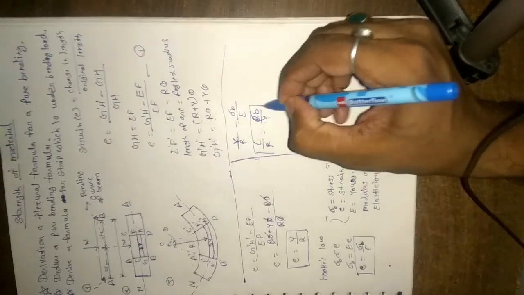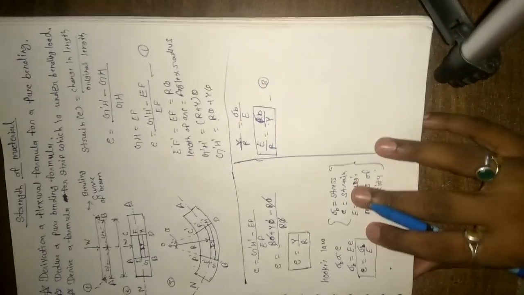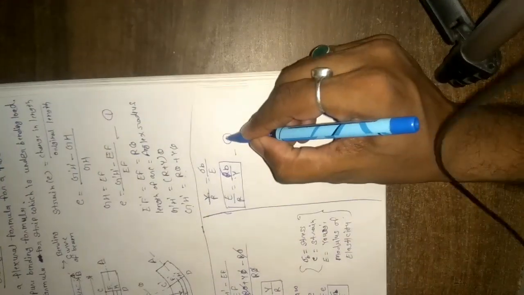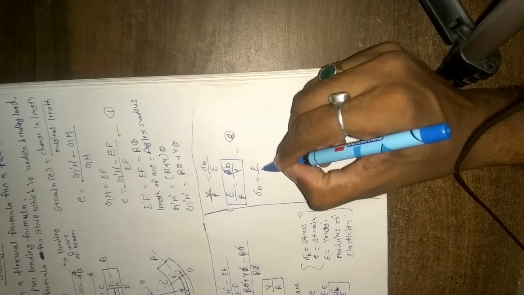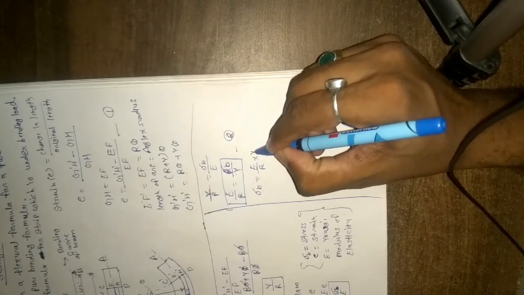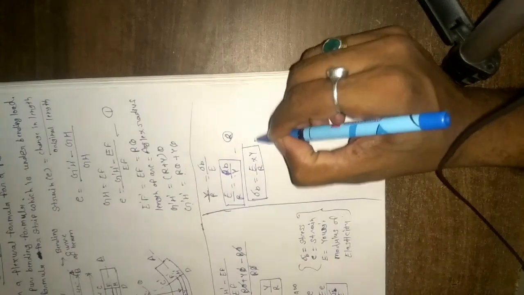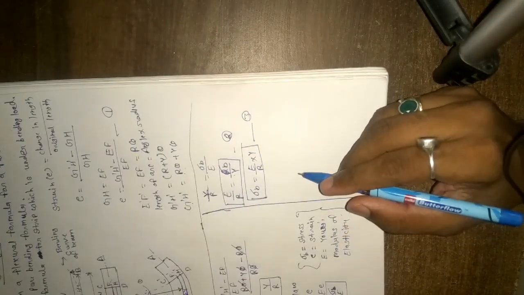This is equation number 2. Now sigma b, that is the bending stress, equals E upon R into y. This is equation number 3.